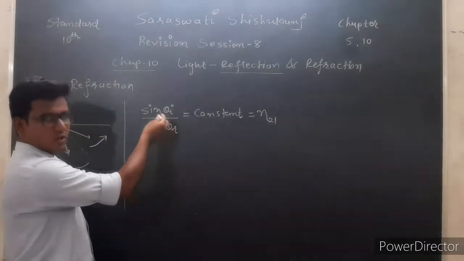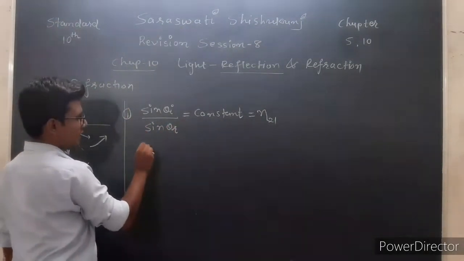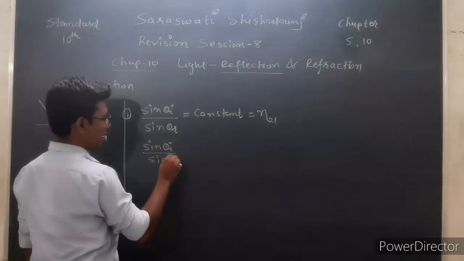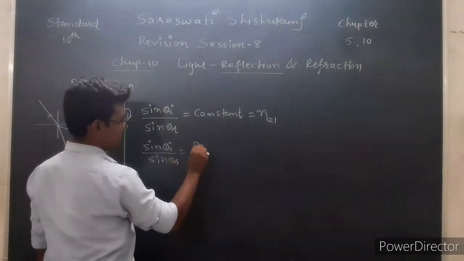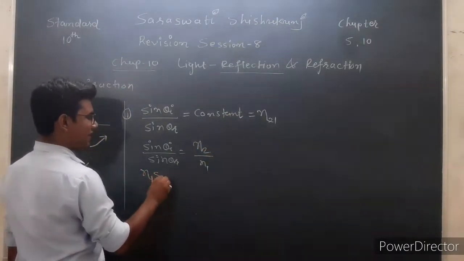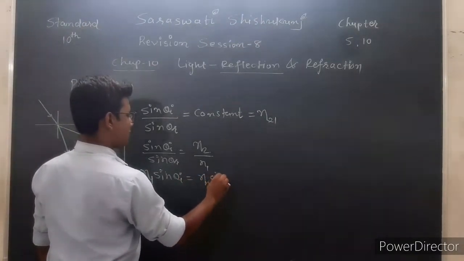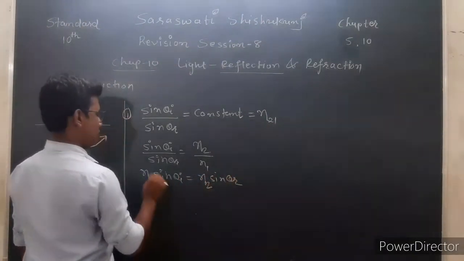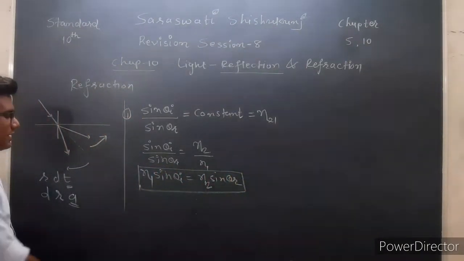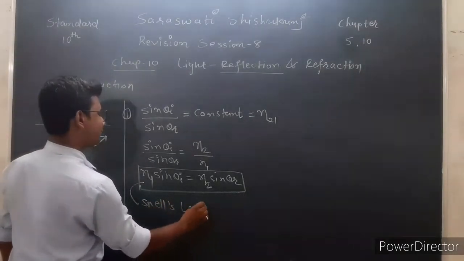This was our first law, and from this we have derived Snell's law. What have we derived? That sine theta i over sine theta r is equal to eta 2 upon eta 1. So we will get eta 1 sine theta i is equal to eta 2 sine theta r. Right? So this is our Snell's law.